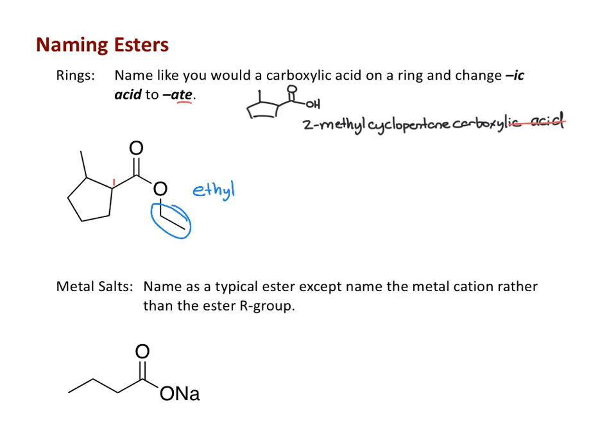Again, that carbon of the ring is 1, that carbon is 2, so this is 2-methylcyclopentane. And then it's not a carboxylic acid on the ring, it's an ester. So we call that carboxylate.